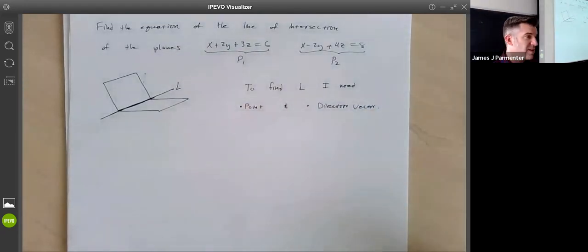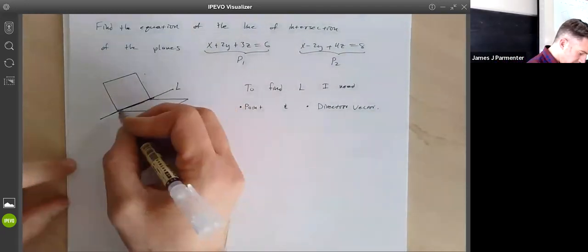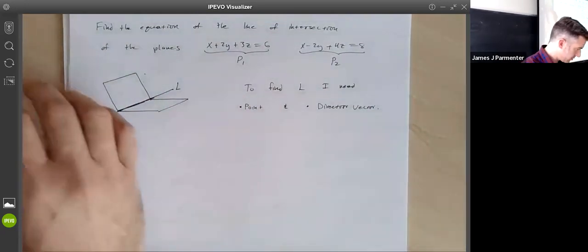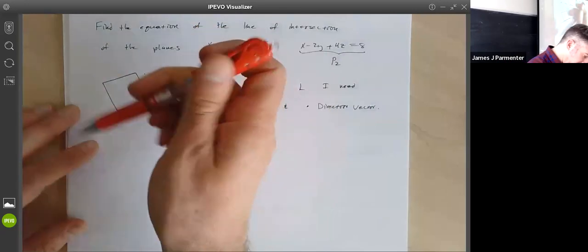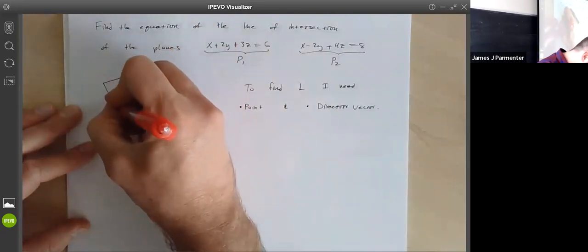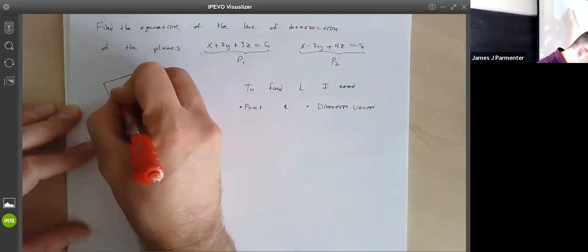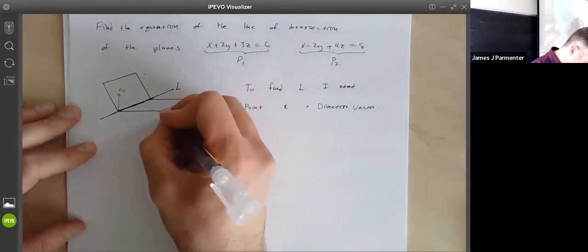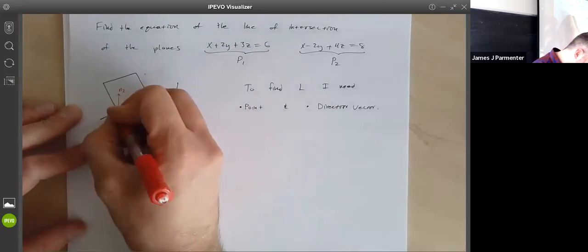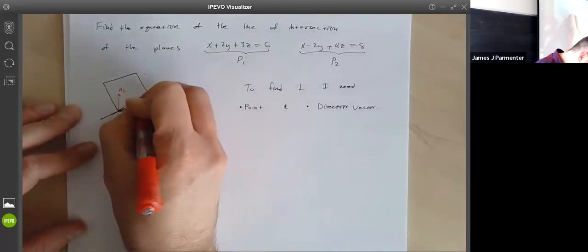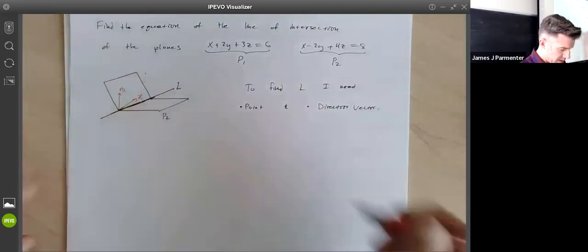Well, the direction vector is actually not hard at all, because here's what's kind of cool. This vector is normal to the second plane, P2, and this vector is normal to the first plane, P1.